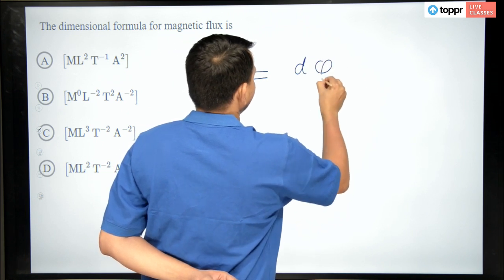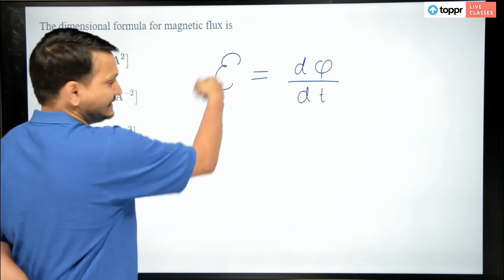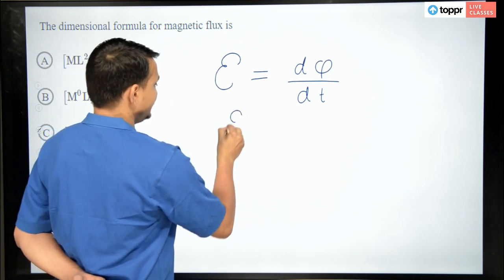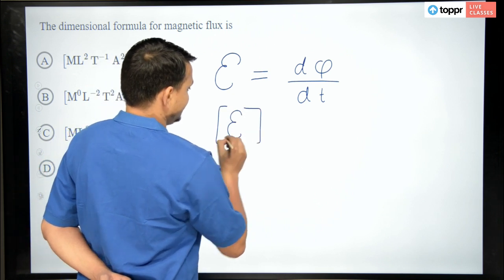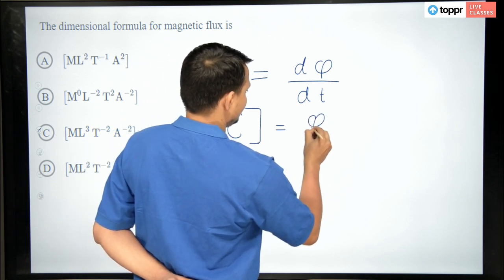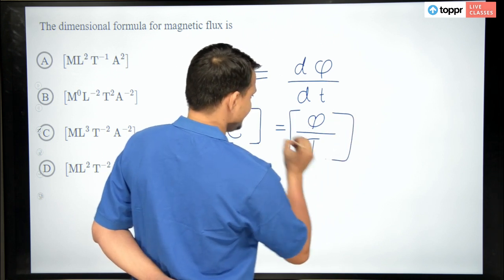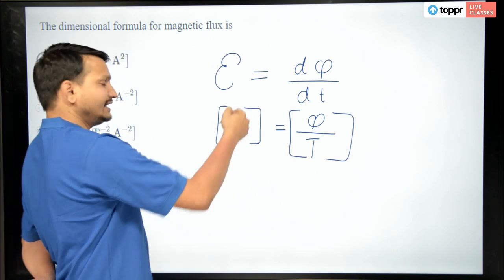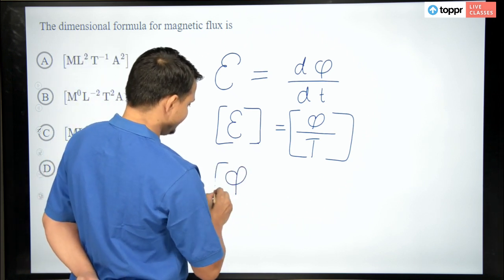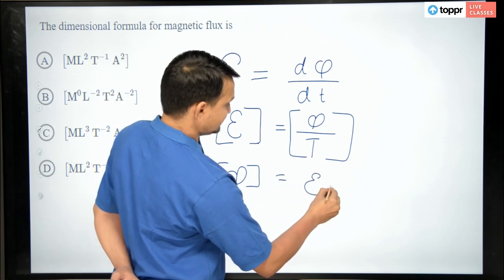If we write this curved E as the symbol of EMF, our dimensional equation comes out to be E equals phi by T. Now, if we take T from here and multiply in the numerator, we get the dimension of magnetic flux equals E times T.